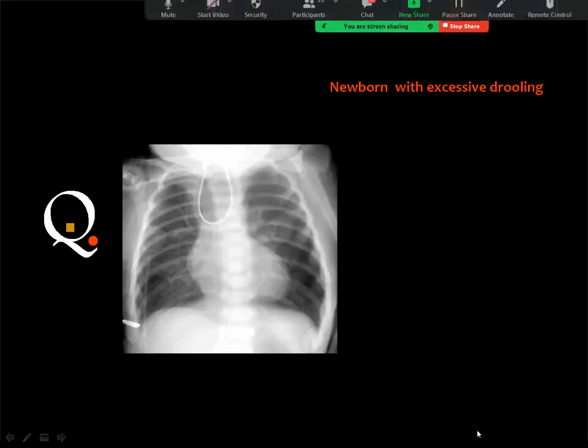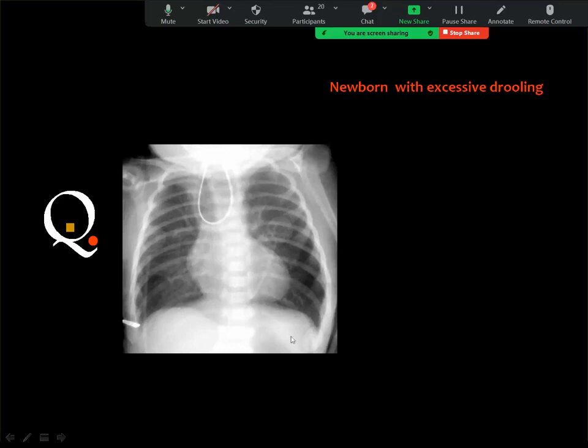Without, yes, because of absence of air in the abdomen, a gasless abdomen, and the nasogastric tube coiled and going back into the esophagus means that there is esophageal atresia, and the distal segment of the esophagus is not connected to the airways, so you do not see air in the abdomen.